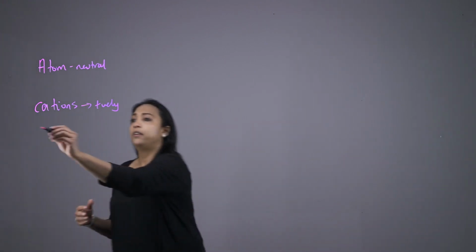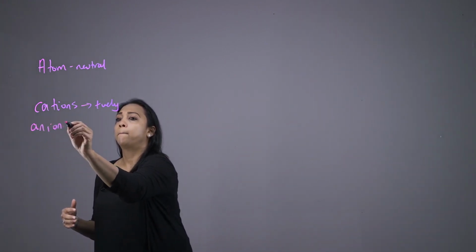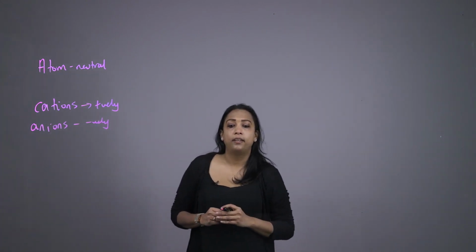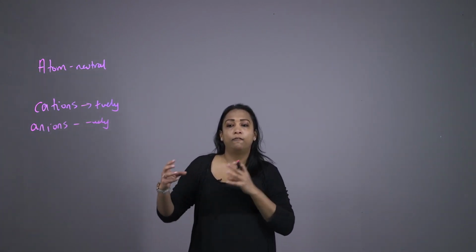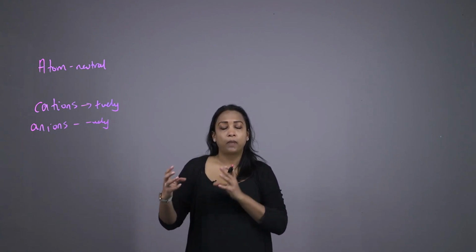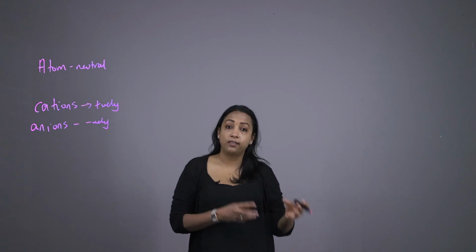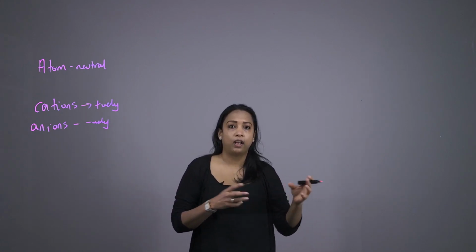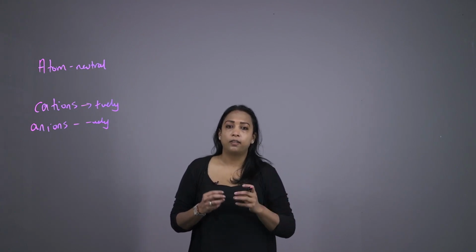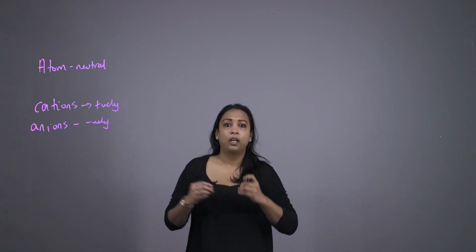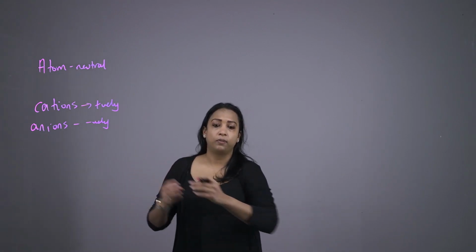Now, anions are negatively charged ions, and these are going to be formed by our nonmetals. So those elements in groups 5, 6, and 7 that have 5, 6, and 7 electrons in their outermost shell, these atoms tend to take electrons from other atoms and become negatively charged.